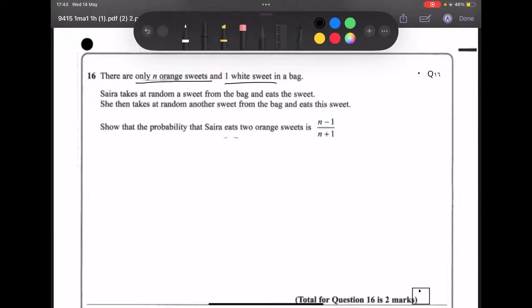She then takes another sweet at random from the bag and eats the sweet, so it's not replaced. That's important to note. Show that the probability that she eats 2 orange sweets is n minus 1 over n plus 1.